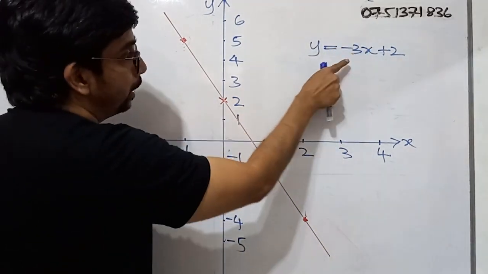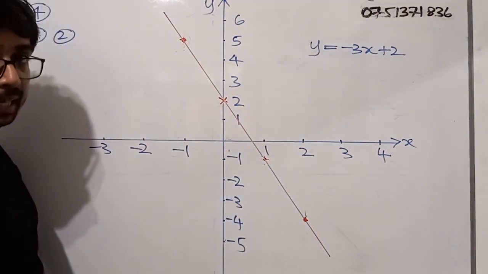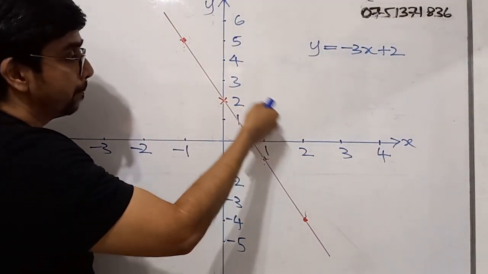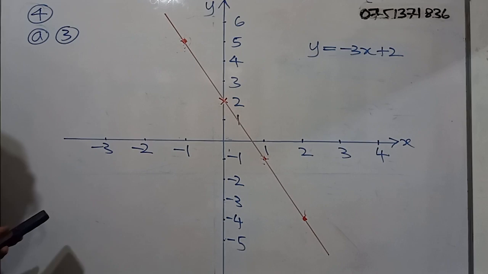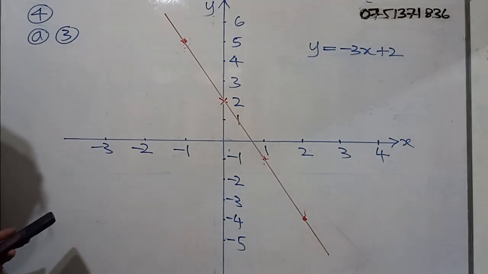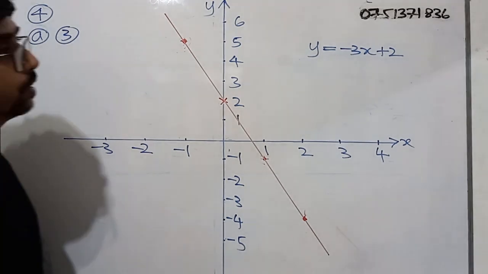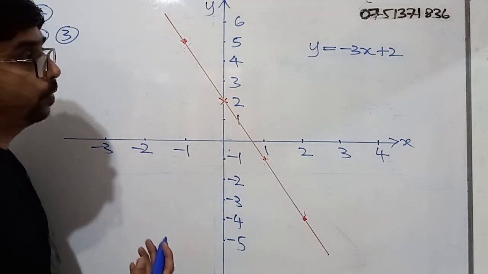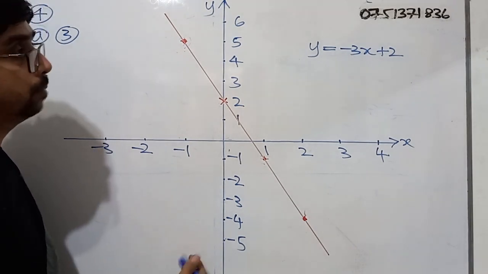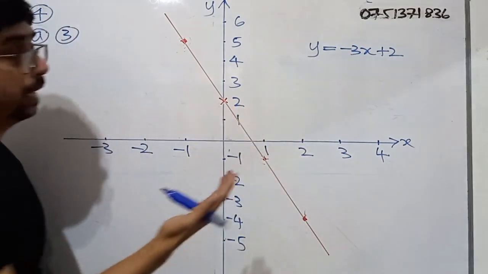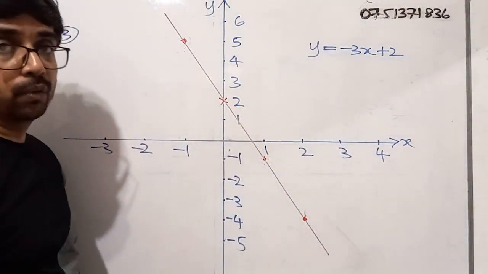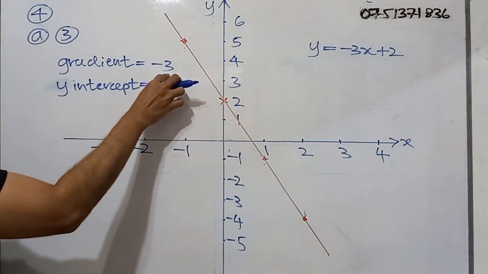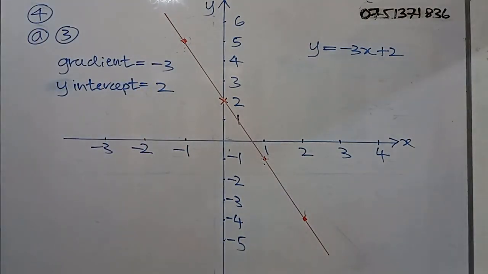Here the gradient is a negative value, which means this angle becomes obtuse. In the third part we have to consider the equation of the line and come up with the gradient and the y-intercept. As you can see, the gradient is negative 3 and the intercept is positive 2.